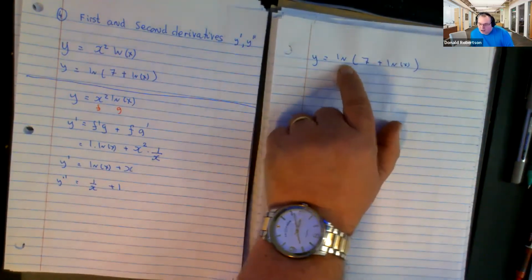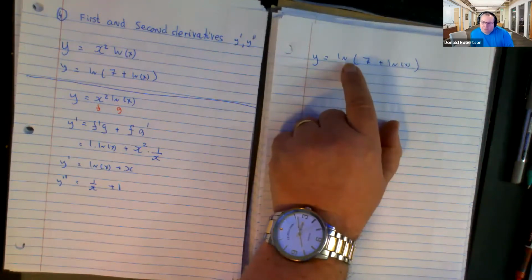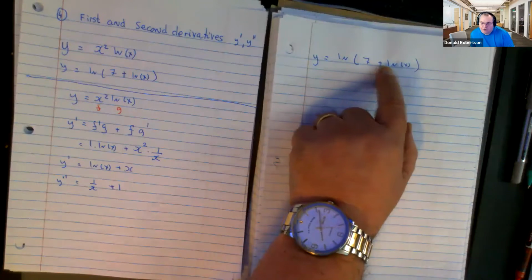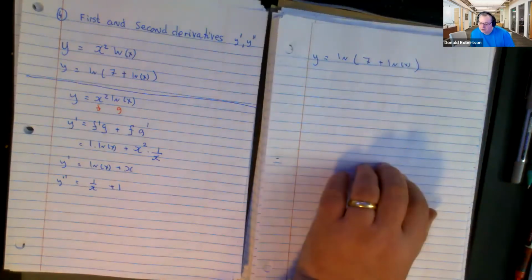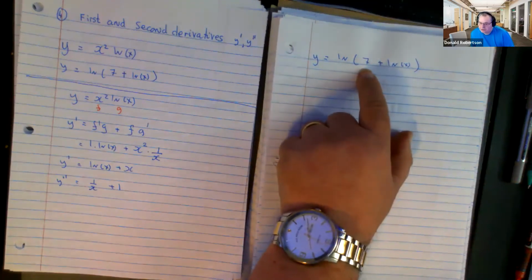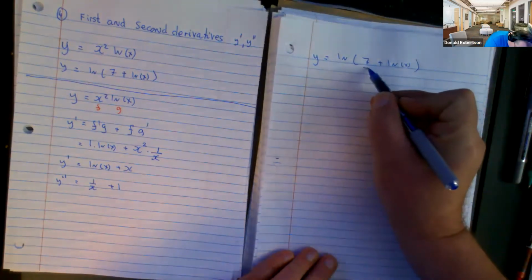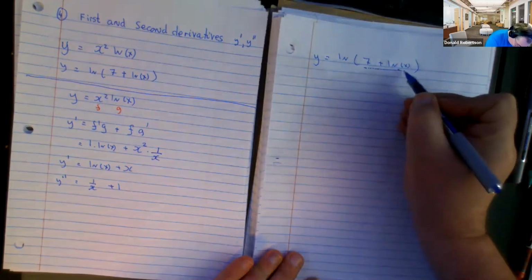There is no algebra that you can do to make this pretty. So try to know when you can do things and when you can't. Whenever you see two things added inside the log, it's dead, right? There's nothing you can do to it. This question is actually going to be a chain rule. I'm not going to change it in any way. This guy here is the inside function.